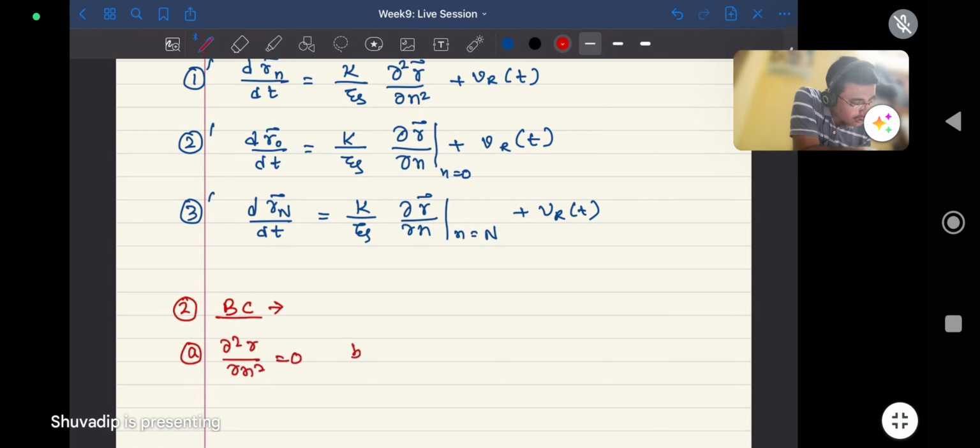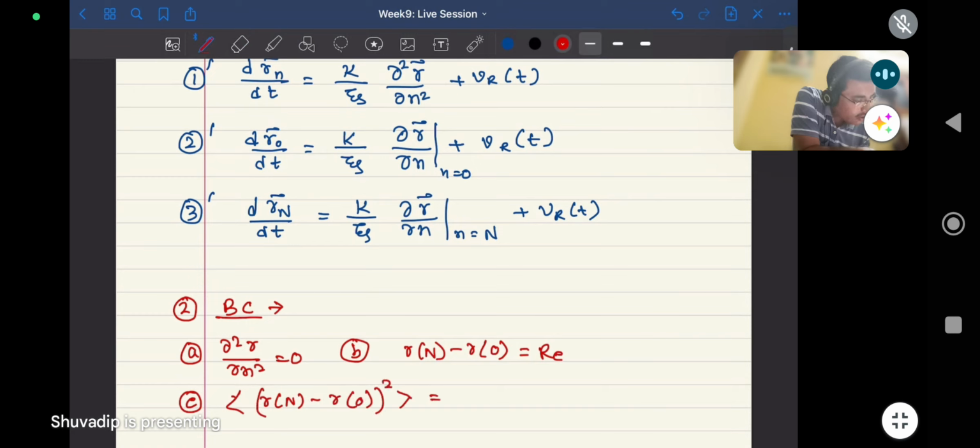Option B, r_N minus r_0 is equal to r_e. Option C, the ensemble average of (r_N minus r_0) whole square is r_e square. And option D, del r del n equal to 0.